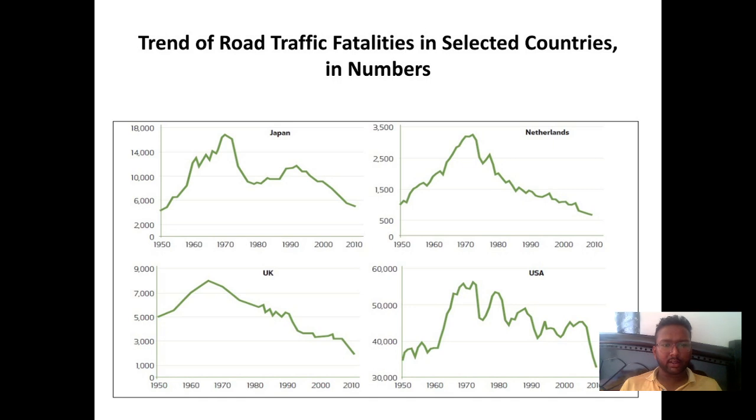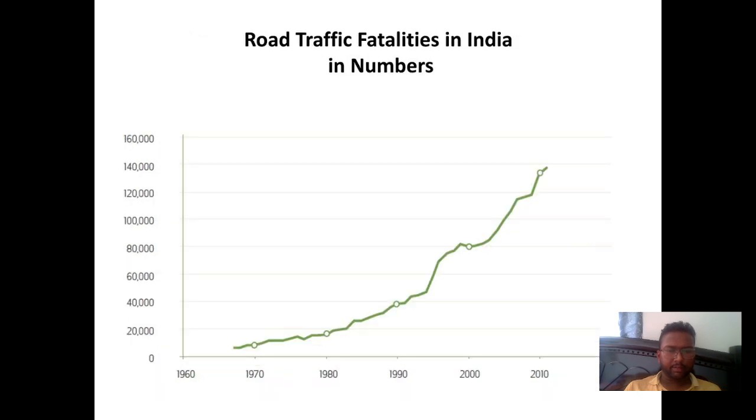These are the trends of road traffic fatalities in selected countries in numbers. Here come the graphs of Japan, Netherlands, UK and USA. You can observe in detail for more information. These are the numbers of fatalities that occurred in these four countries, followed by the given graphs.